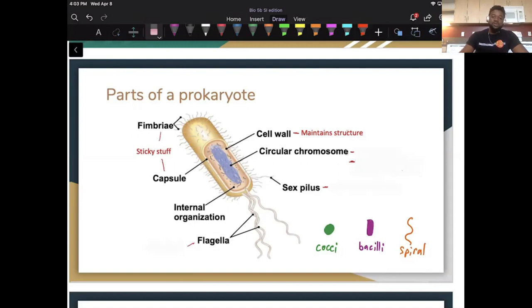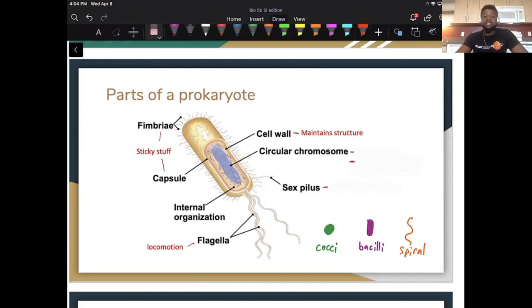The next thing I'm going to go over is the flagella. The flagella are basically for locomotion. One thing I do want to point out is that the flagella in these prokaryotes are not the exact same thing as the flagella you see in eukaryotes. First of all, their size is ridiculously different.